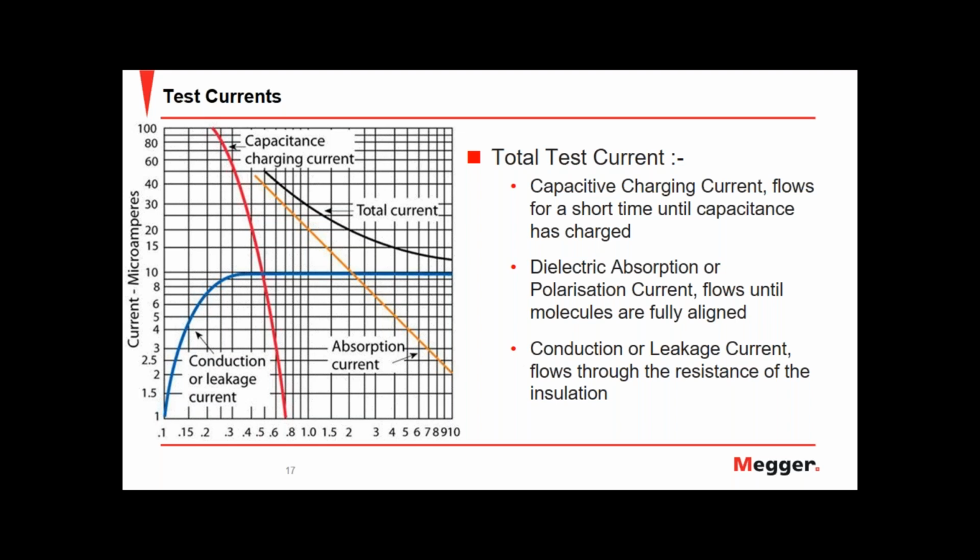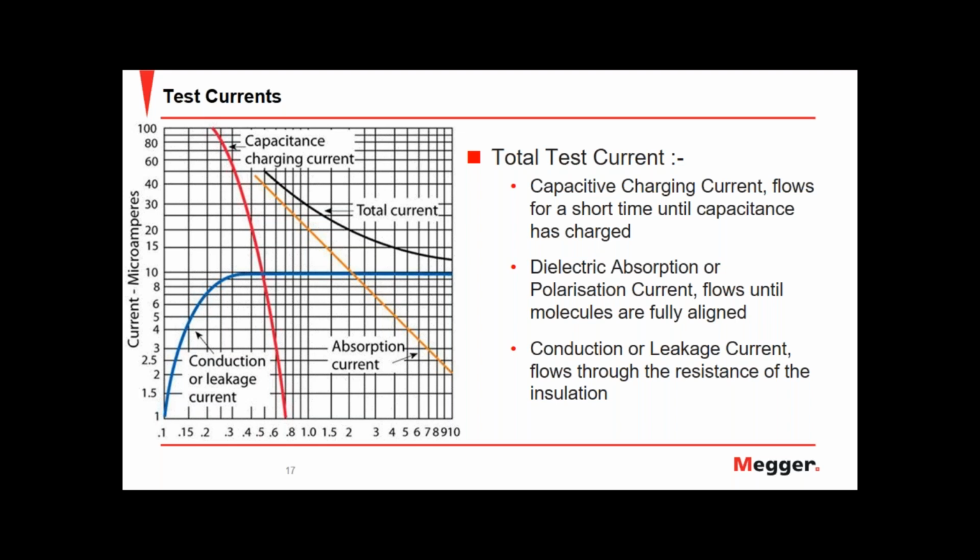Now, the instruments that I use, IR testers, see the total current. They can't differentiate between the different types of current. So they see the total current, and hence we need to take our measurements at a time when the capacitive and the absorption currents have decayed away.